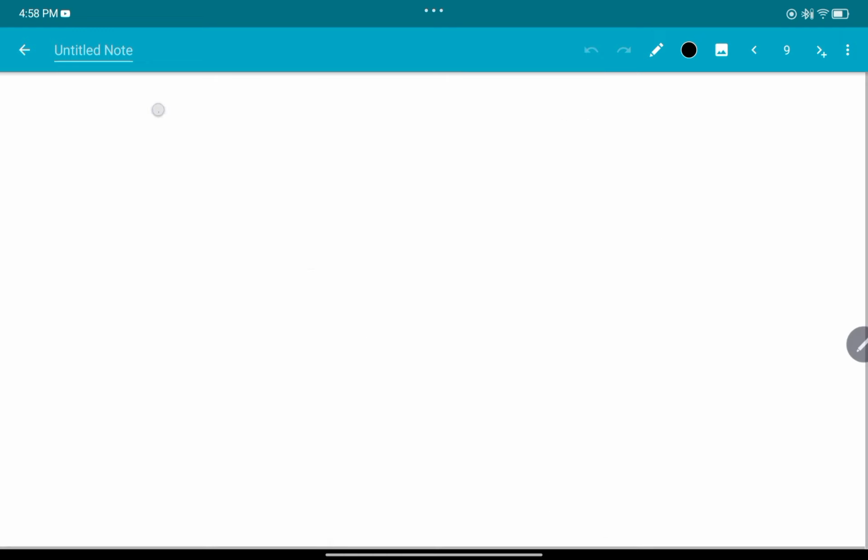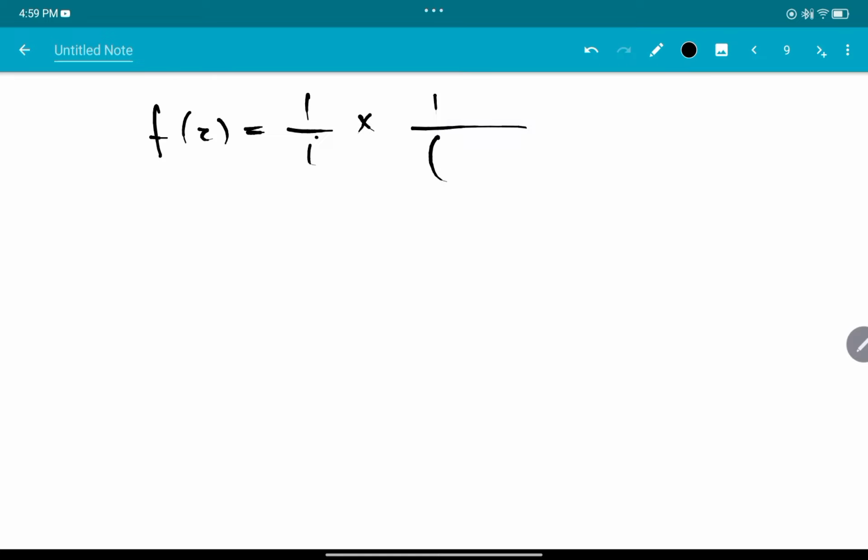That is, f(z) is equal to, say I had taken i common, 1 by i, then I wrote z by i, 1 plus z by i, that is 1 by i into 1 plus z by i. Now this is less than 1, so I can expand it like this: 1 by i into this, treating this as minus x.